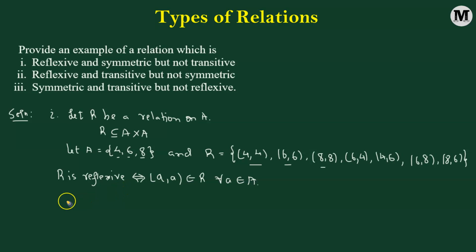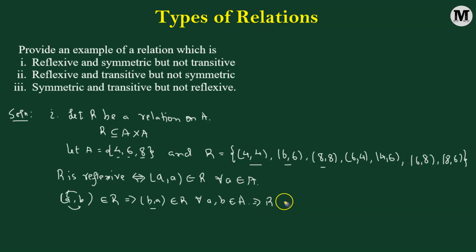Now symmetric means that if we have the ordered pair (a, b) belonging to the relation R, then this must imply that the ordered pair (b, a) must also belong to the relation R for all values of a and b belonging to the set A. That means we pick up 2 elements at random from the set A, and if we form the ordered pair (a, b) belonging to the relation R, it must be true that interchanging the position of the elements, so (a, b) becomes (b, a), is also present in the relation R. Then the relation R automatically becomes symmetric.